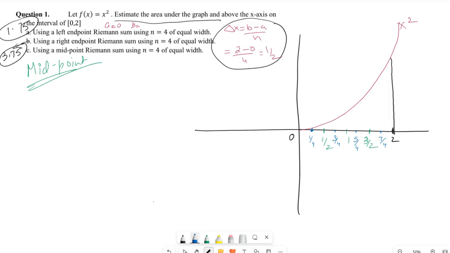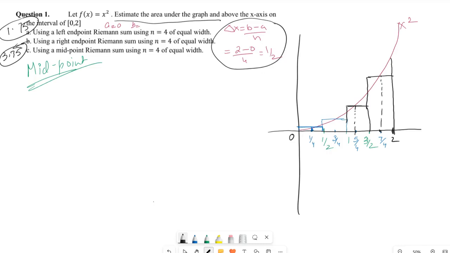So what we are doing is finding the function's value at that midpoint and drawing the rectangle at that height. So this is the height of the function at the midpoint, and this is the rectangle.